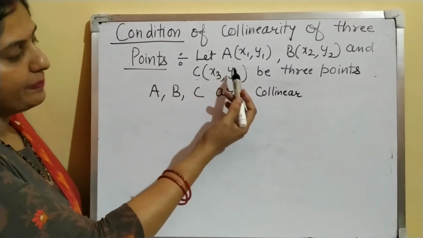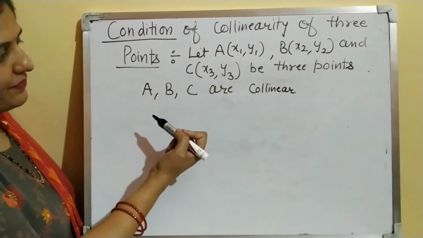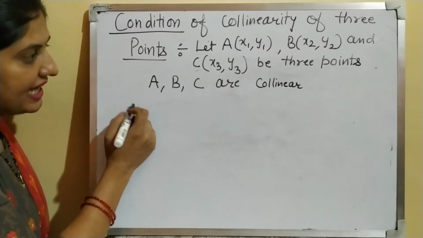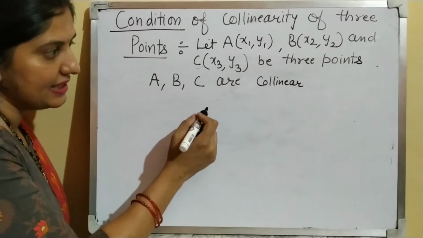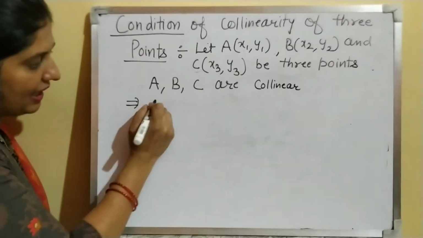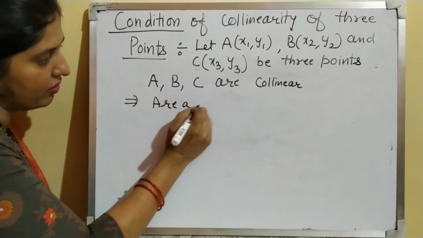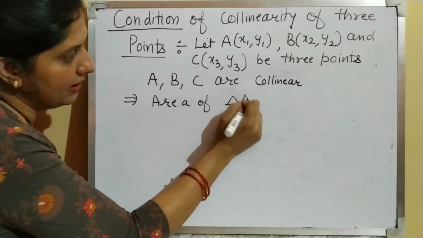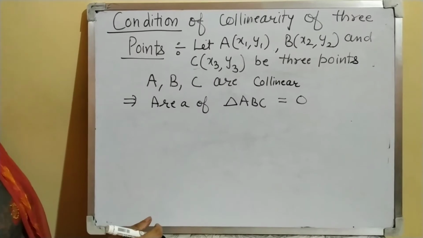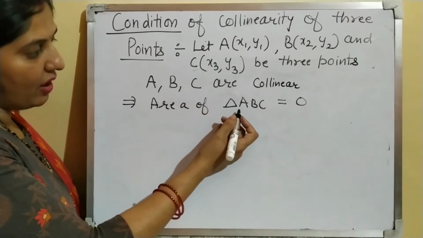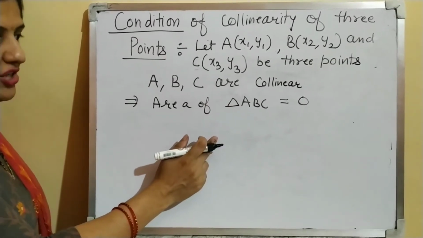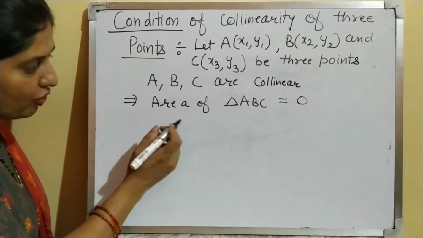If we have 3 points A, B, C and these are collinear, then the area of triangle ABC must be equal to 0. And we can find the area of triangle ABC with the help of a determinant. So write the formula.